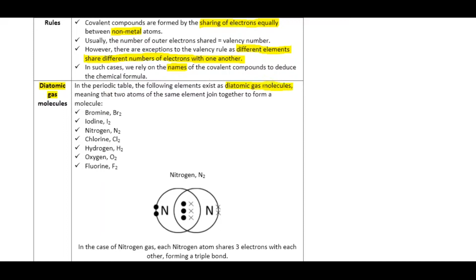Previously we did see an example involving hydrogen, the reaction between hydrogen gas and nitrogen gas to form ammonia. So hydrogen and nitrogen gas are two examples of elements that exist as diatomic gas molecules. They are gases and they are diatomic, meaning that there are two atoms of that element within each molecule. Other examples will be bromine, iodine, chlorine, oxygen, and fluorine.